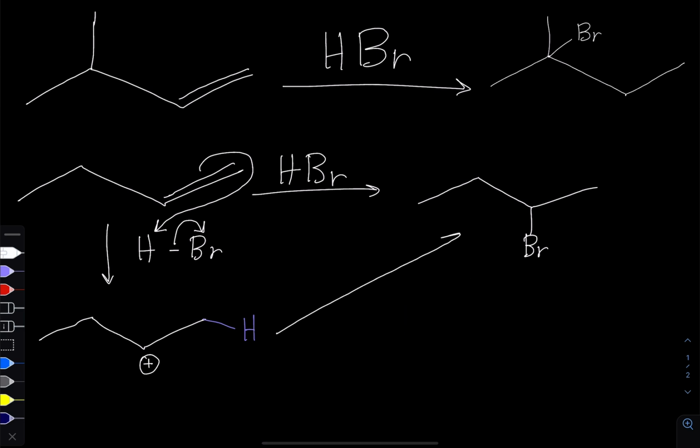So then at this point, we still have the bromine, which is now a bromide ion, and since it has a negative charge, it's pretty nucleophilic. It can go ahead and attack this positively charged carbon atom, and we get this product as the outcome.